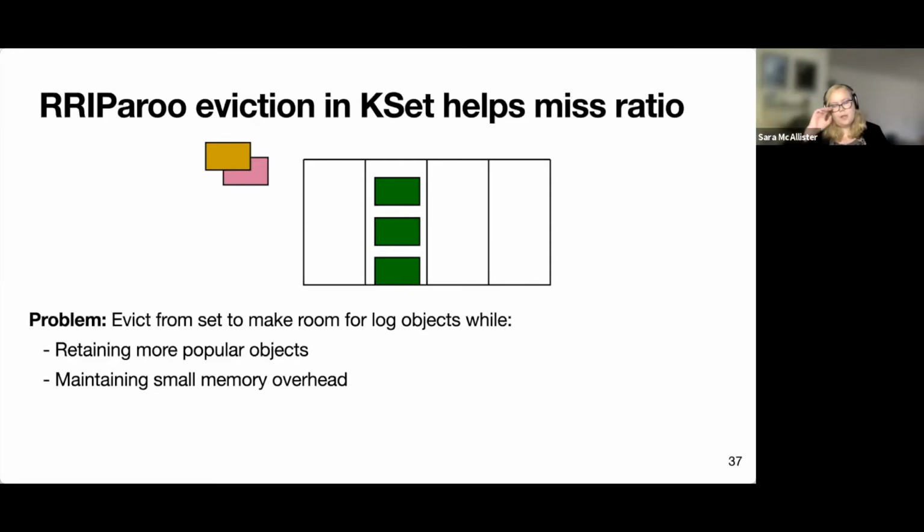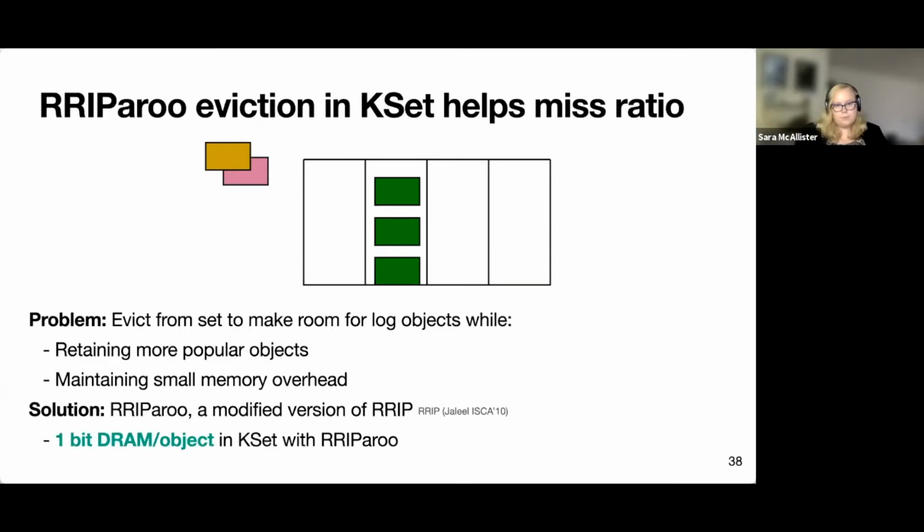And so we do this using RRIParoo, which is a modified version of RRIP, which is a processor cache eviction policy. And so that uses a history of what objects have been requested to keep recency information about these objects and set an order in which they should be evicted.